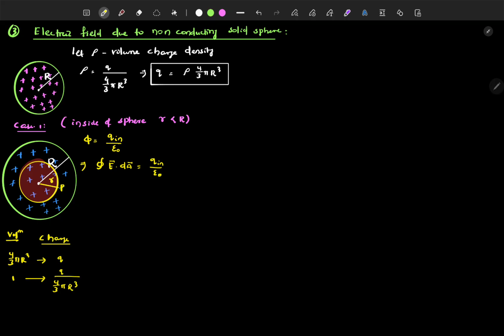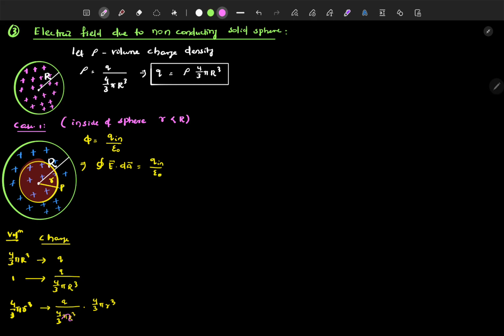For the red color portion, the volume will be 4 by 3 pi small r cube. So by the unitary method, within the volume 4 by 3 pi small r cube, the charge enclosed will be Q divided by 4 by 3 pi capital R cube, into 4 by 3 pi small r cube.